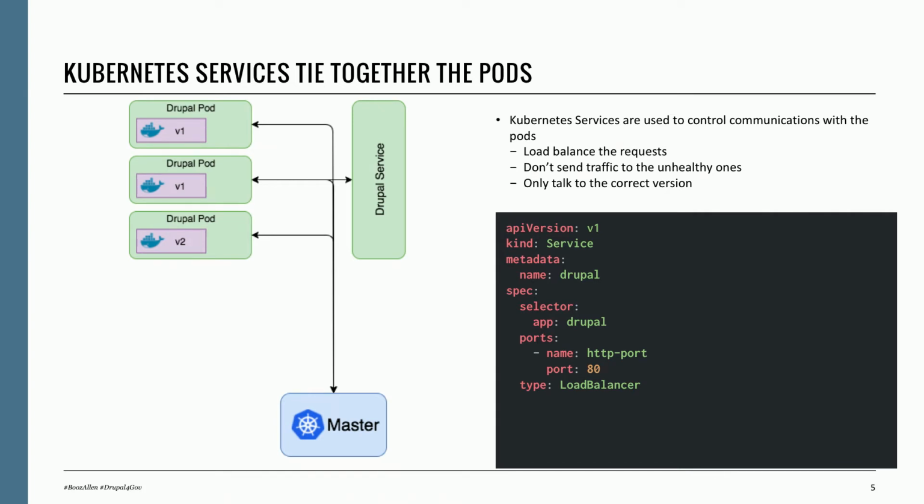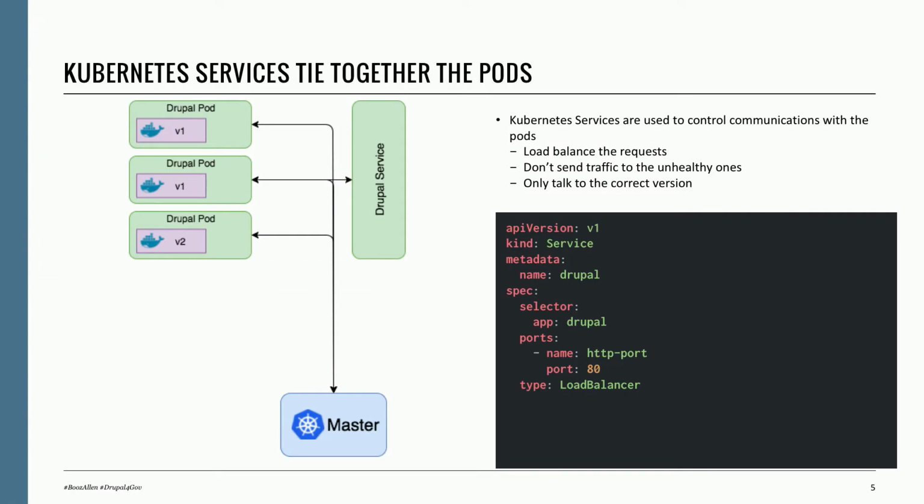So pods are great, but as another application or a person using your system, I don't want to talk to pods. I don't want to have to keep track of where each pod is or what version it's running or whatever else. So it has this concept of services. And the Kubernetes service is really the key component that ties all your pods together.